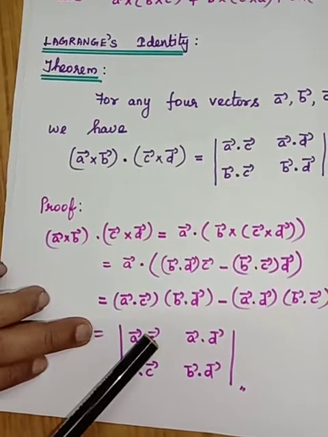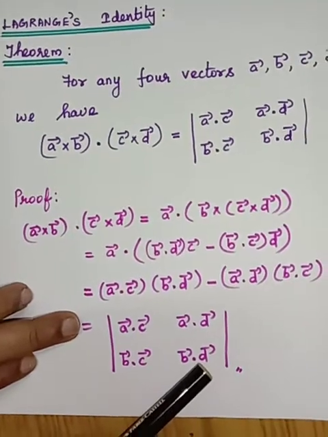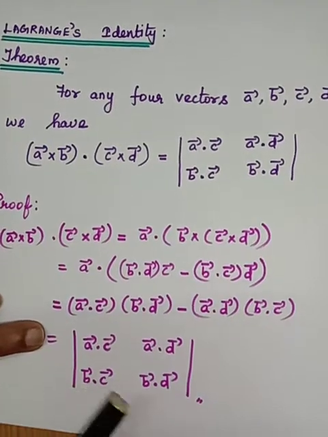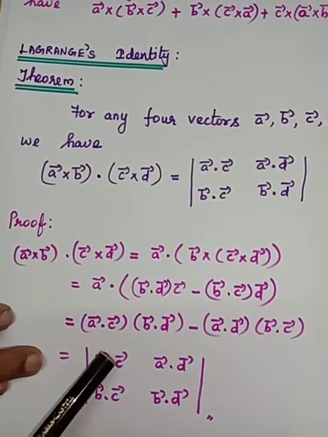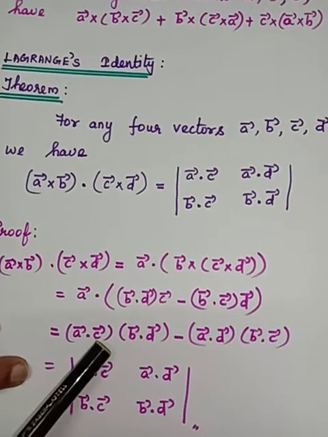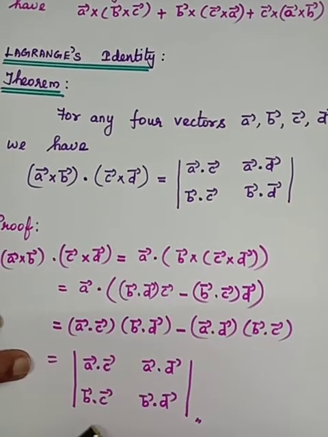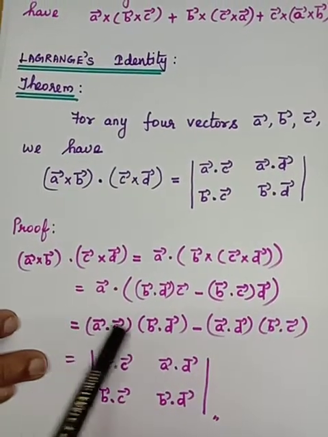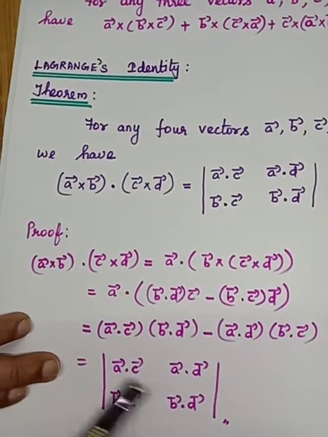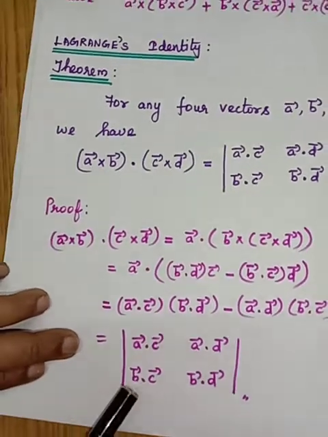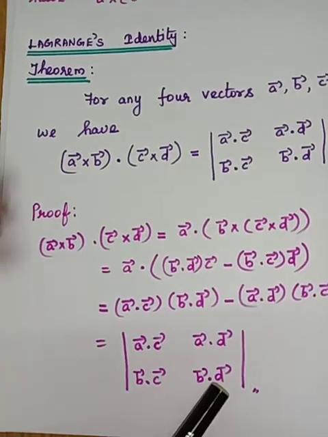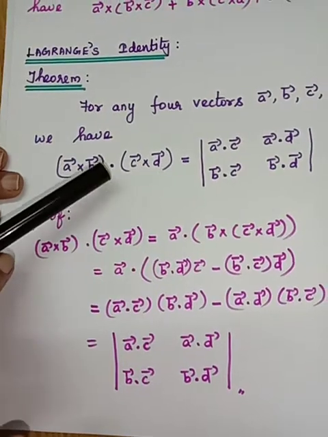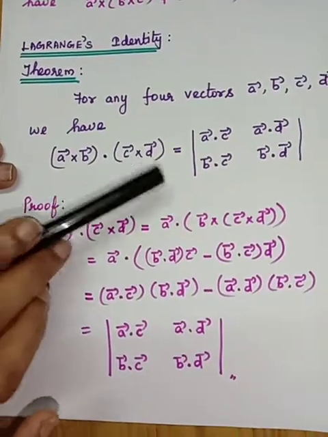So it is A dot C, here you are having B dot D. So come to the next term, it can be written here A dot D, B dot C. So if you evaluate this determinant, you have to multiply these 2 terms, and in between you have to write minus. So this step can be written as determinant A dot C, A dot D, B dot C, B dot D. So this is the formula for evaluating the scalar product of 4 vectors.